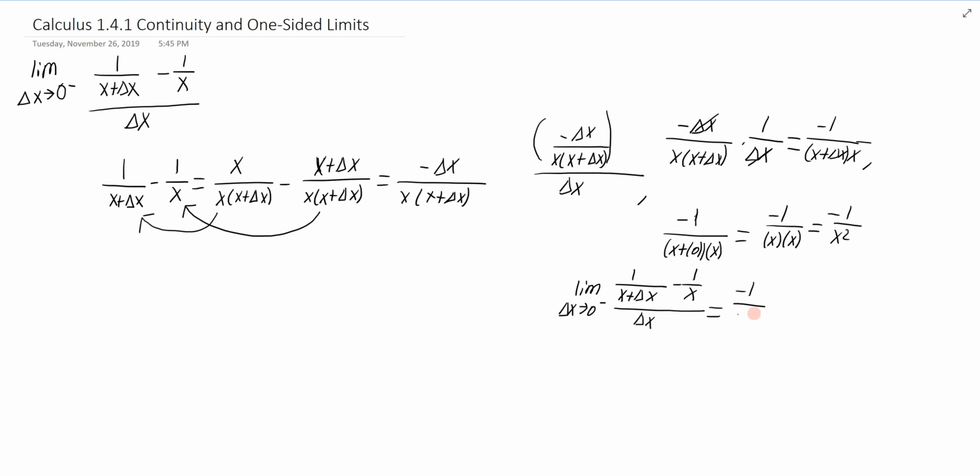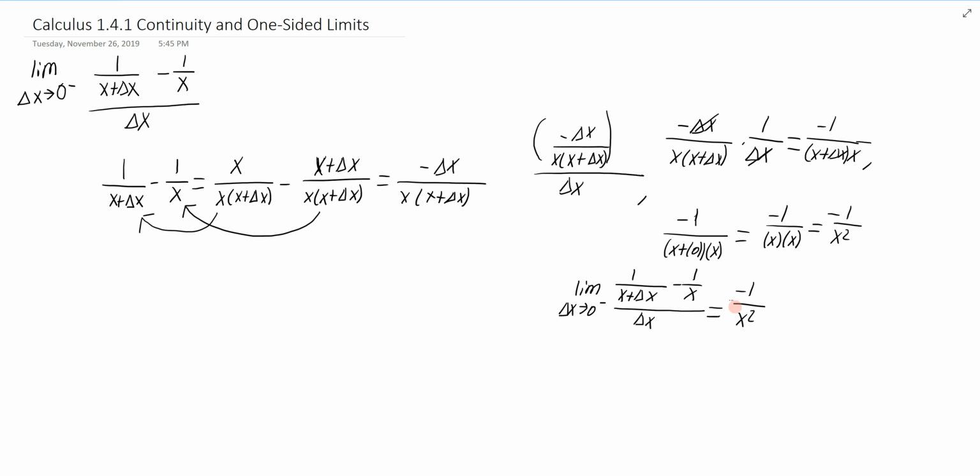Now it is perfectly acceptable, and it is the right answer, that we have a variable, this x squared, in the denominator. Because we're dealing with a function that has two variables, we have the delta x and we have the x, we're only able to eliminate one variable, the delta x, and we've gotten our answer. So this is what we're supposed to get here.